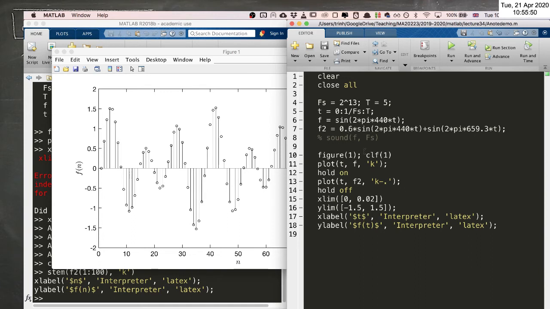And for this course, it's not too essential for you to know what a fast Fourier transform is, though you can look it up. As long as you understand that the fast Fourier transform, or the FFT, is a way that you can send in this vector f, or f2, and for MATLAB to obtain for you the coefficients of the Fourier spectra, the weightings of the Fourier series, if you like, okay?